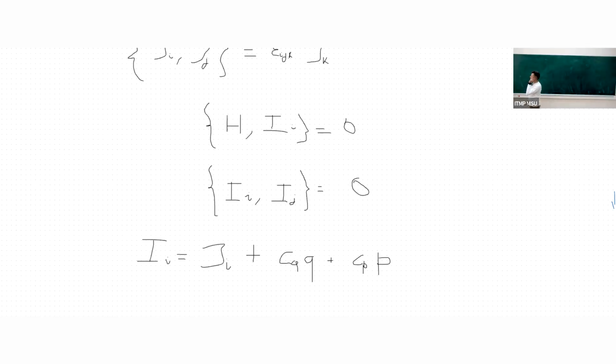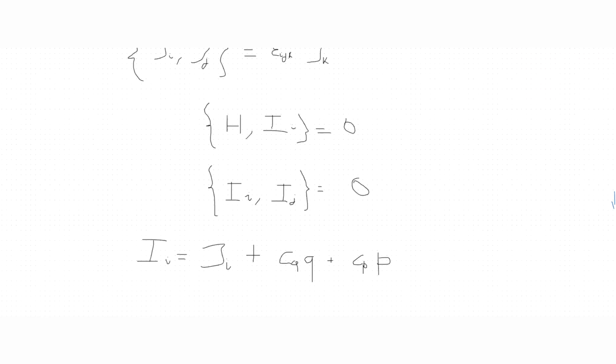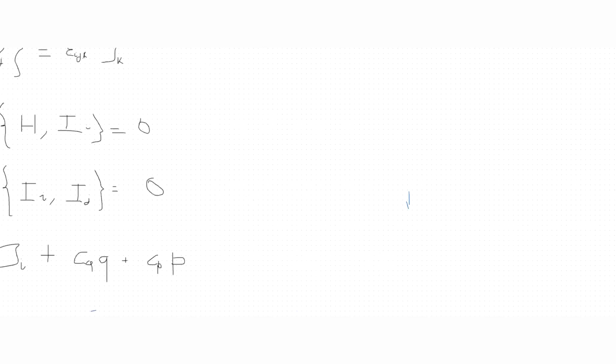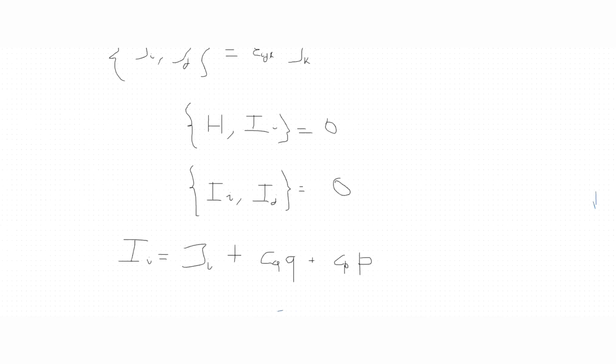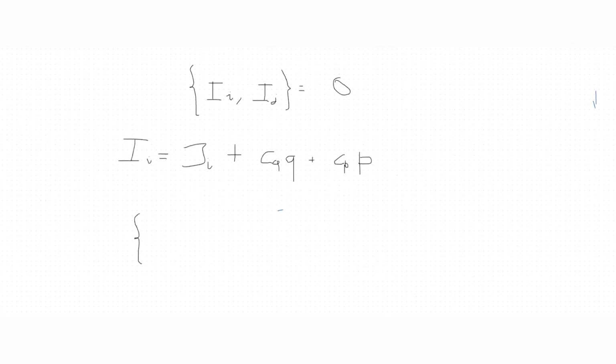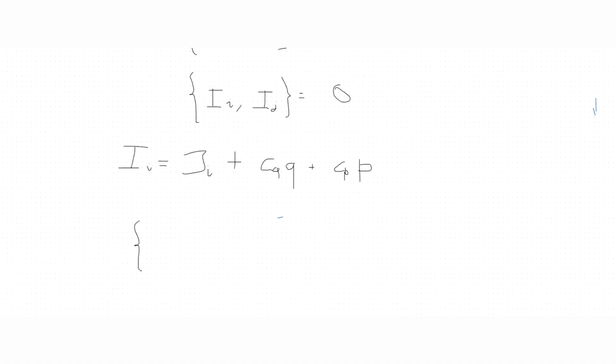Okay. You can try. So, for example, we can try to use the first condition. We can write the Hamiltonian, and we already know that with J_i there is a commutation.